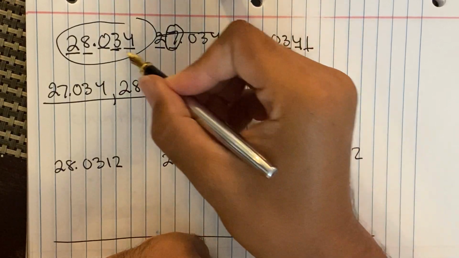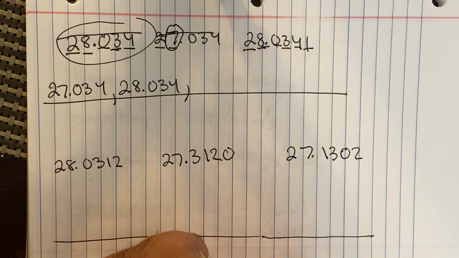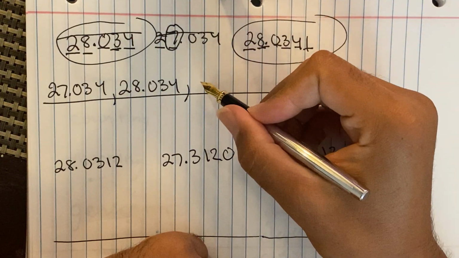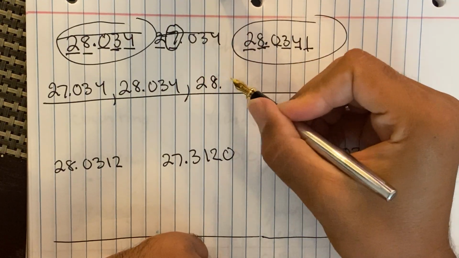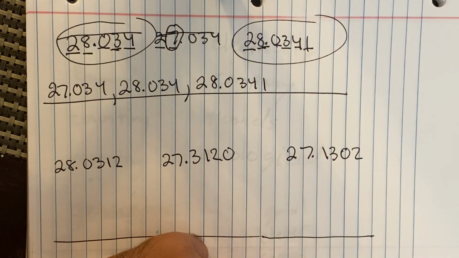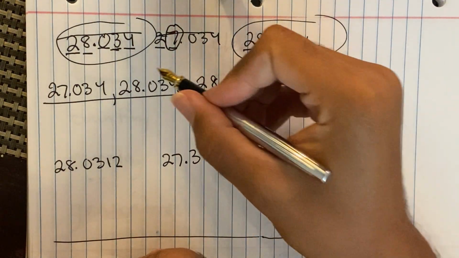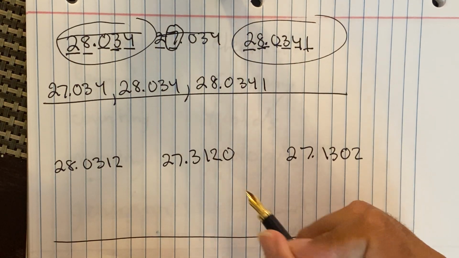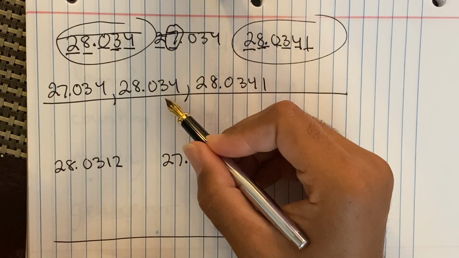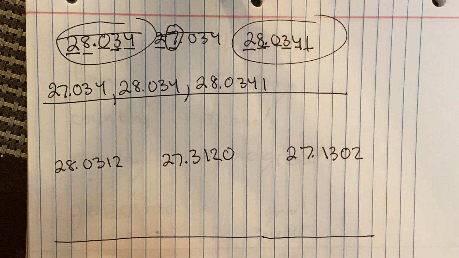And if this one is our second smallest one, then that means this one's our biggest one, 28.0341. Okay? So again, this is from least to greatest. The smallest number, and then I'm working my way up to the biggest number.